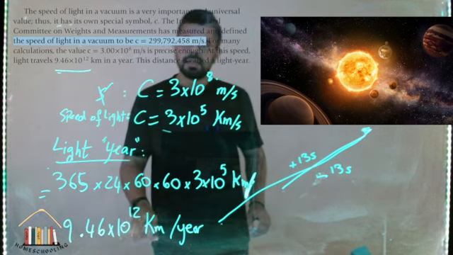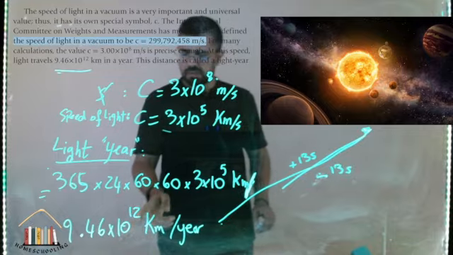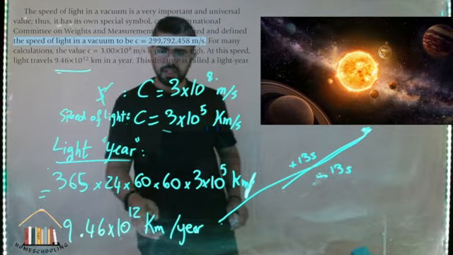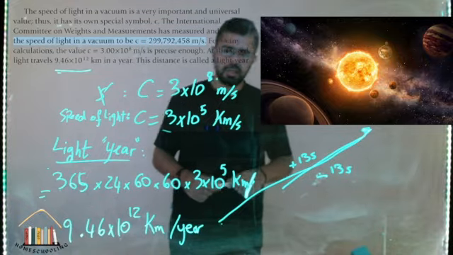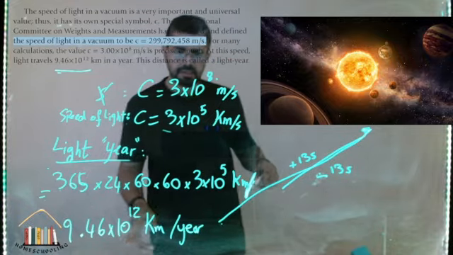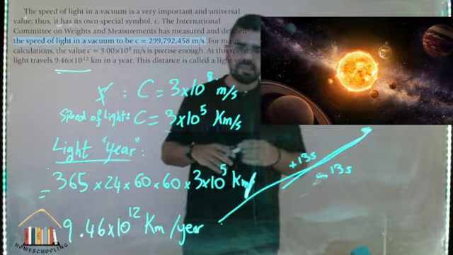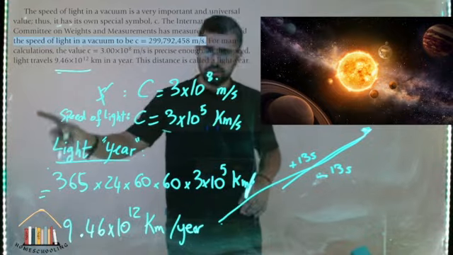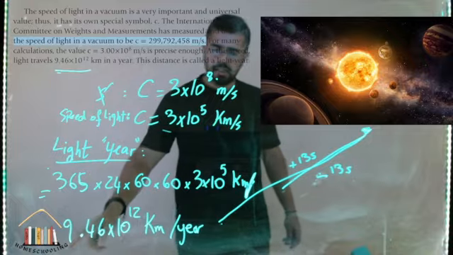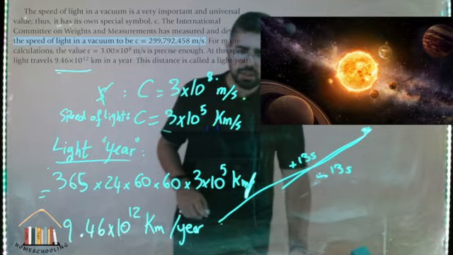It means 1,000 billion kilometers per year. This is something extraordinary. This is how we measure distance when talking about the universe or such a gigantic scale. We are just talking about the light year, which is again 9.46 by 10 power of 12 kilometers.